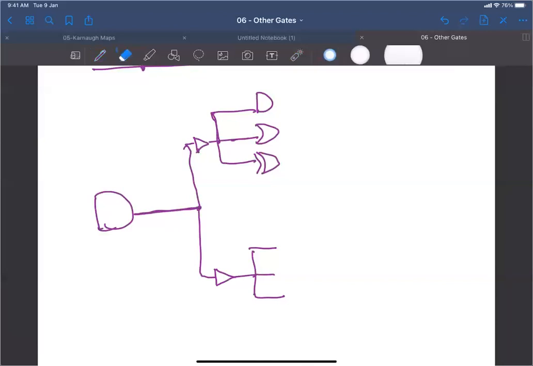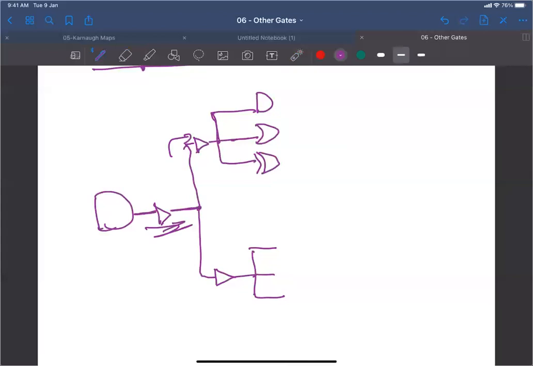And maybe you have a buffer here as well, if the output is not strong enough to drive these buffers. So they are acting like a tree structure. The advantage of the buffer is that it provides the required drive capability for driving larger fan out branches.